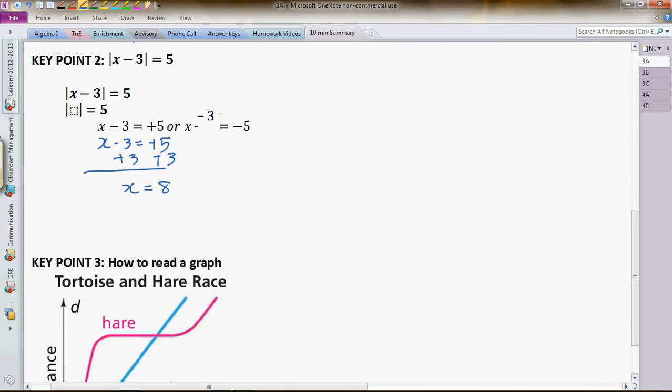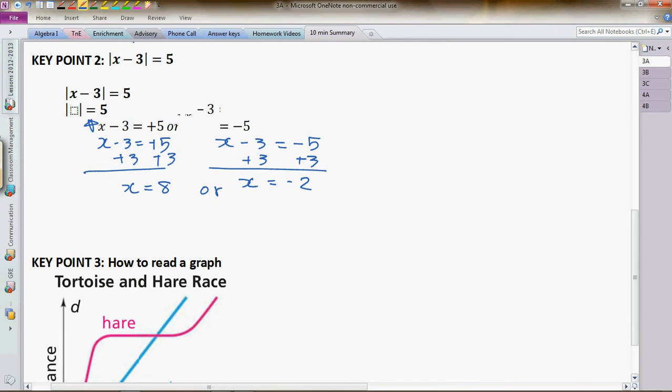And for the other equation, x minus 3 equals negative 5, you do the same thing, and then we'll have x equals negative 2. So the answer could be either 8 or negative 2.